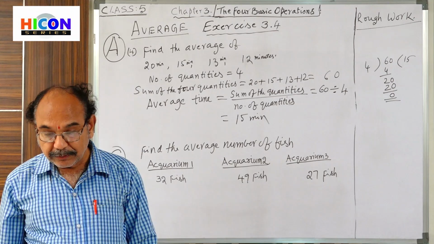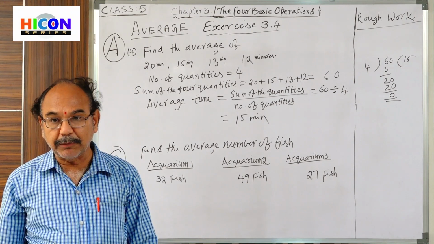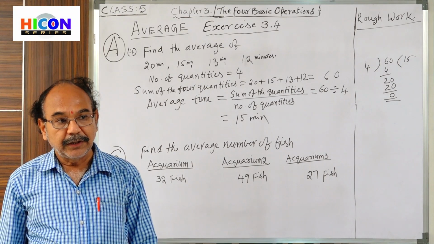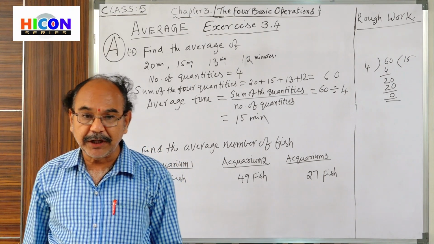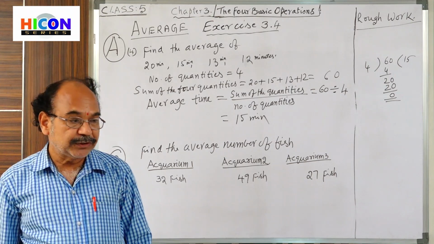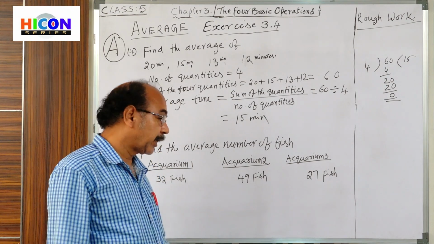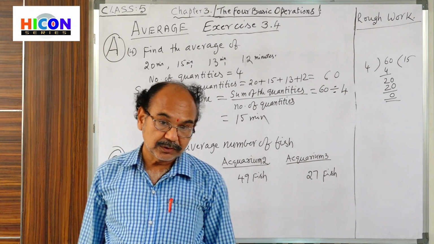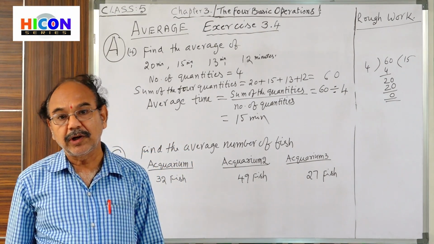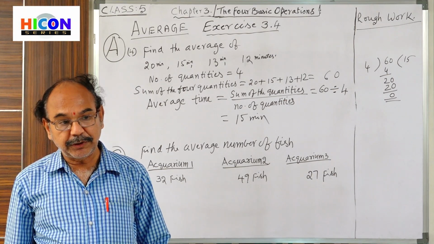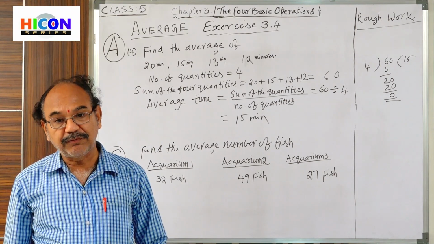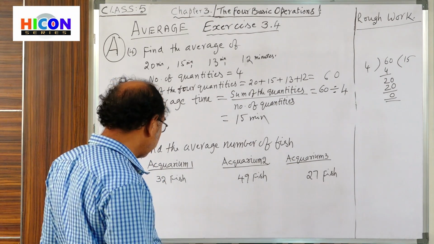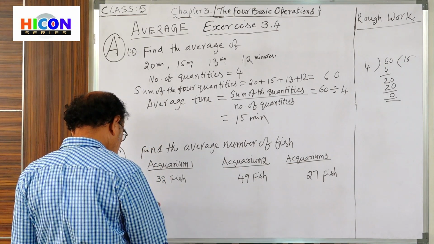How can you find? Same formula, sum of the quantities by number of quantities. Here, in all the 3 aquariums, total fish how many? In the first aquarium, second aquarium, third aquarium. Find the total number of fish in all the 3 aquariums.